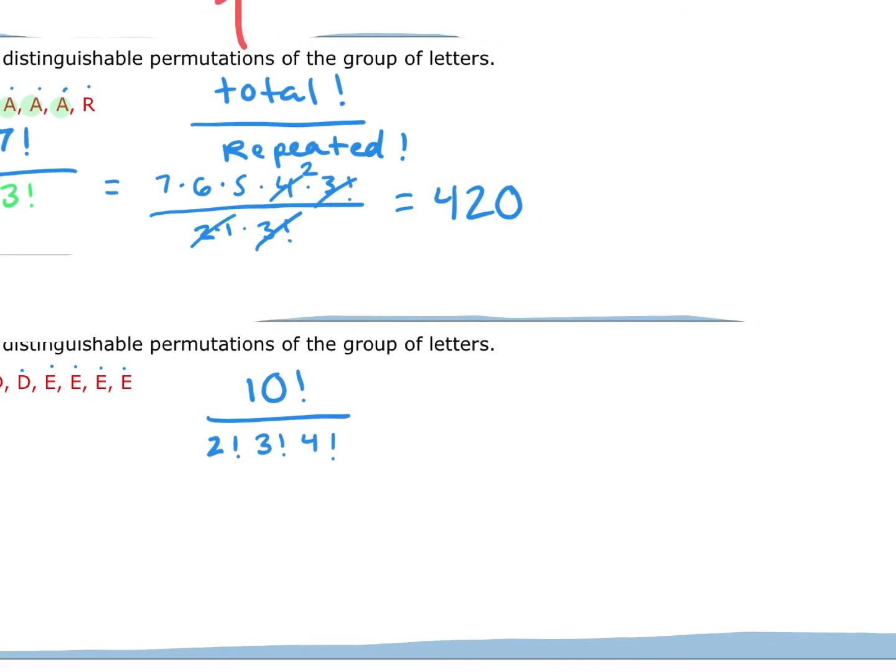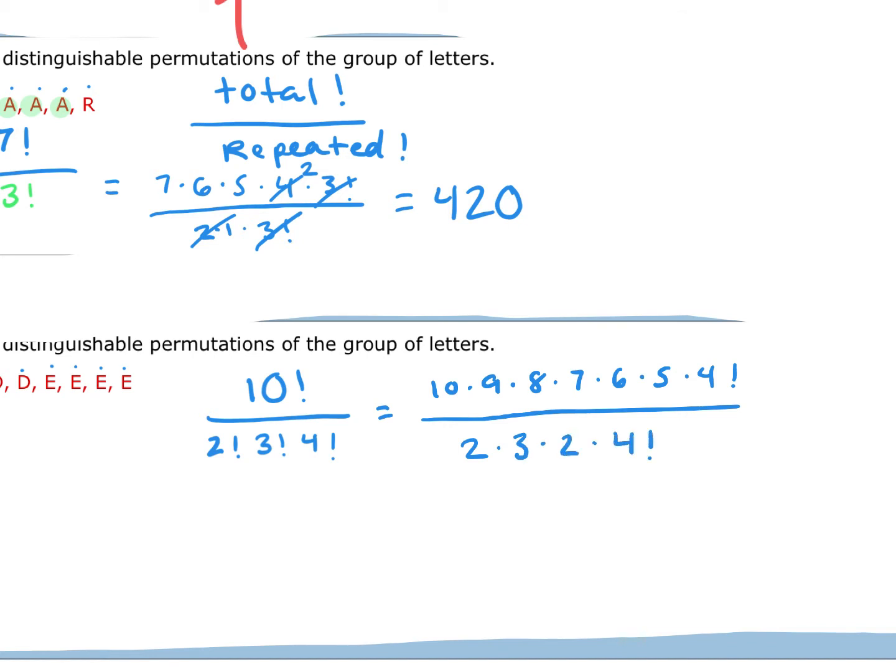Now we just multiply it all out. So 10 factorial is 10 times 9 times 8 times 7 times 6 times 5 times 4 factorial. We could stop there because we have a 4 factorial on the bottom. 2 factorial is 2 times 1. 3 factorial is 3 times 2. 4 factorials cancel. 3 times 2 is 6, so we can cancel those out with the 6 on the top.